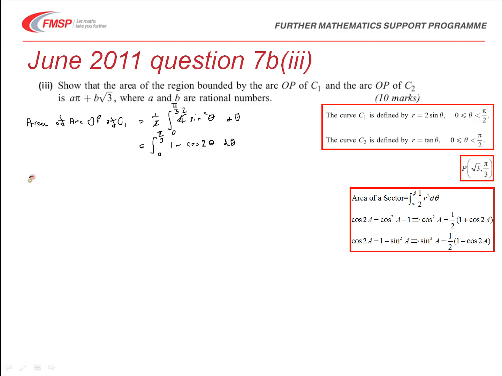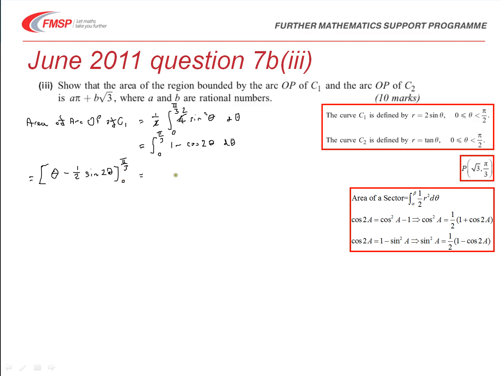And so, if we work that out, the integral of 1 is theta. The integral of cos 2 theta will be equal to a half of sine 2 theta. And that's going to be evaluated between 0 and pi by 3. And what will that give us?